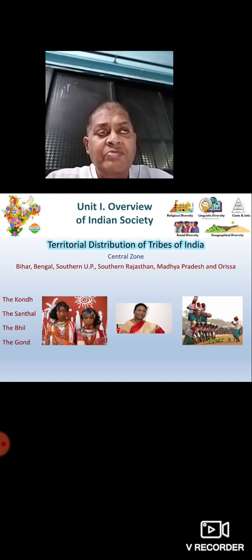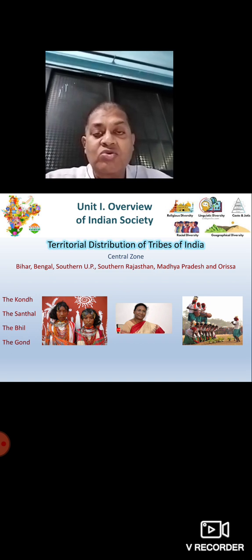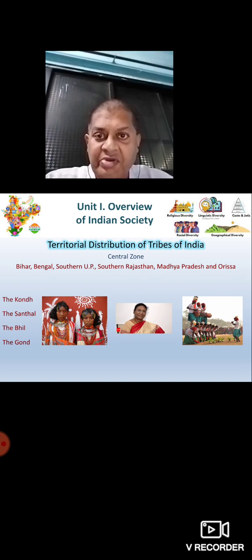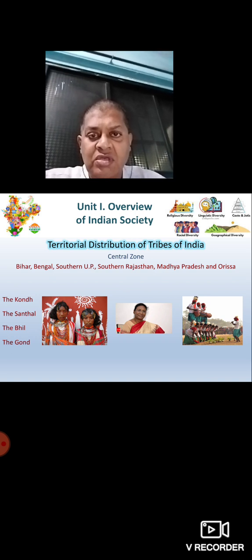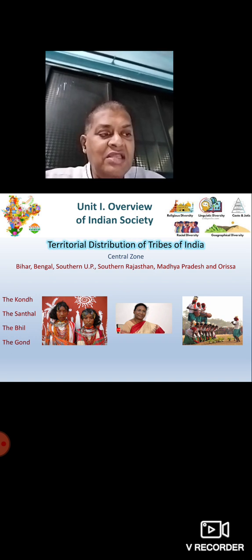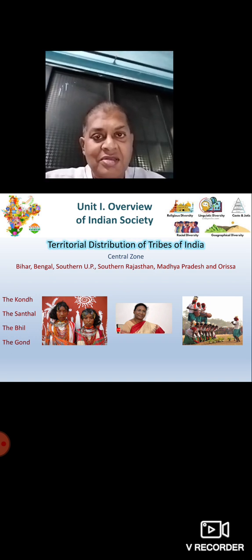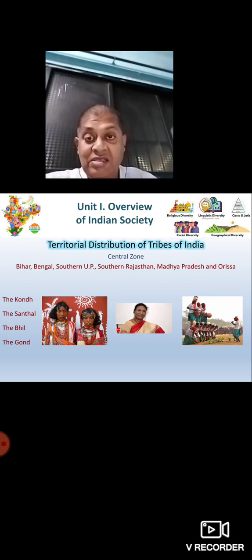There is this practice that they do not have any widows. Very simply, if a woman loses her husband, then she can marry the husband's brother or any other person in the tribe, so that life goes on smoothly. Now we can see the picture of our respected president over here, Draupadi Murmu, who belongs to the Santhal tribe. That gives it more importance.